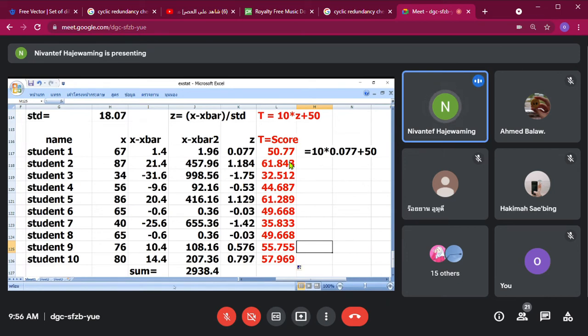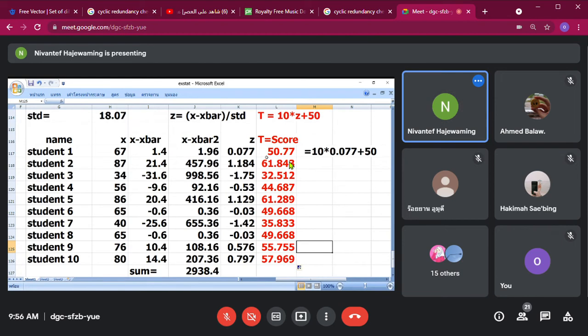It means the top of our students got 87, but when we change to this score, you got 61.8, right? What does this mean? It means the student is compared within your group.